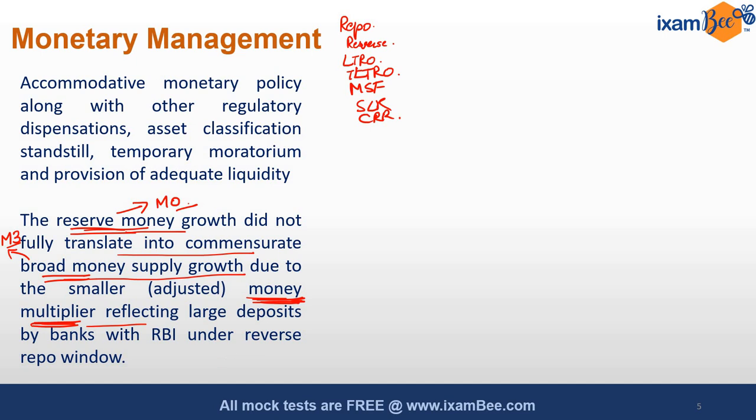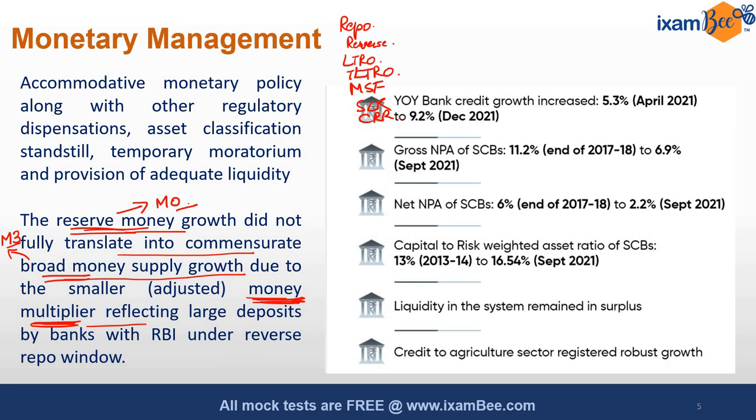Okay. Some other key points that have been highlighted in the monetary management chapter are related to the bank credit growth. The bank credit growth has started to pick up towards the later half of the year and reached 9.2%. Credit growth in the agriculture sector continues.